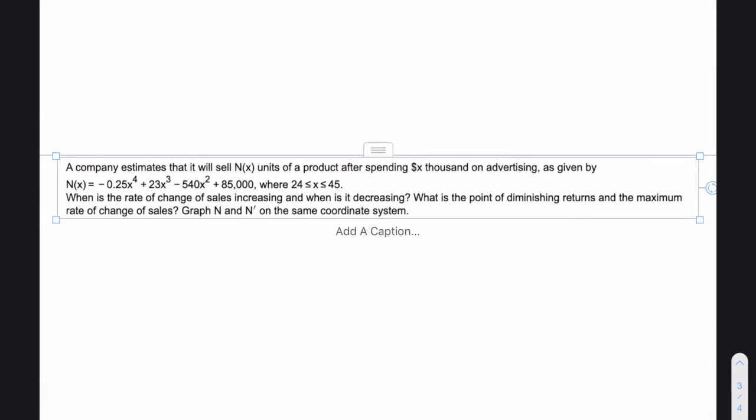A company estimates that it will sell N of x units of a product after spending x thousand dollars on advertising, as given by the function negative 0.25x^4 plus 23x^3 minus 540x^2 plus 85,000, where the restriction on the x values is 24 to 45, meaning this is the advertising money budget that we can have for this product. We are asked to find when the rate of sales is increasing and when it is decreasing, and then what the point of diminishing returns is and the maximum rate of change of sales.